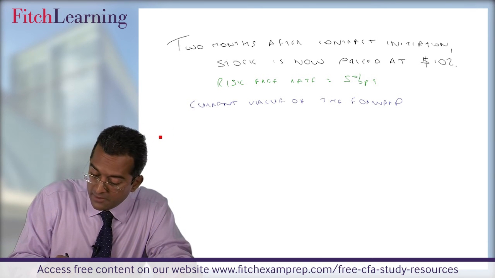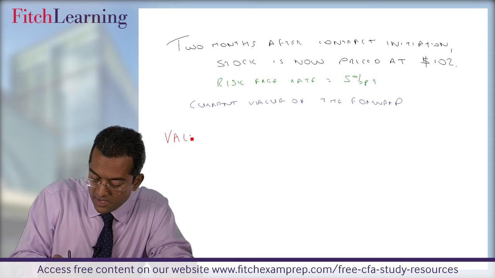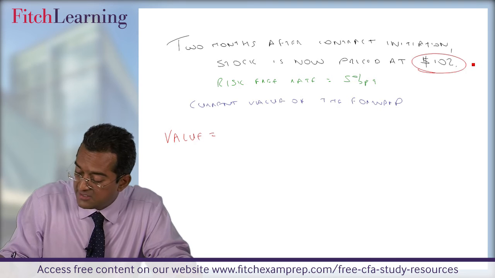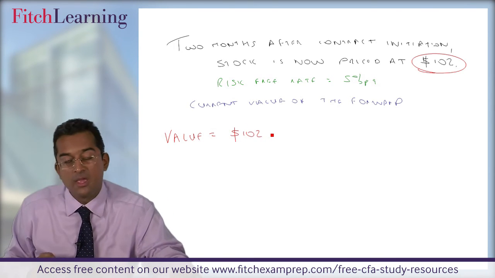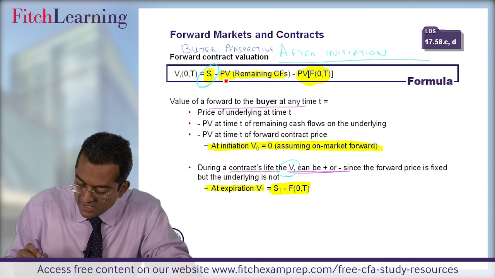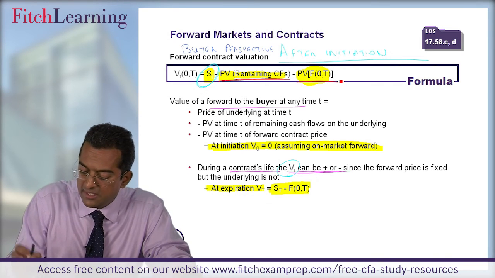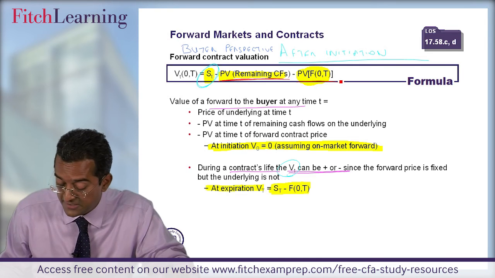From the perspective of the buyer, we take the spot price of the asset, which is 102. Start with that. Following the formula, it's netted off against the remaining cash flows, discounted, and also the present value of the forward price.